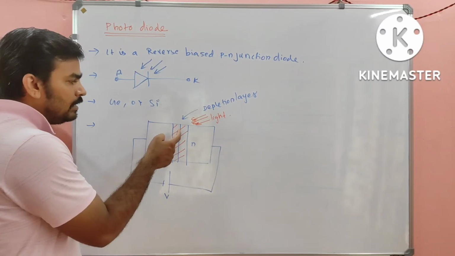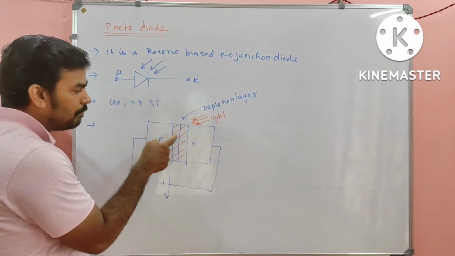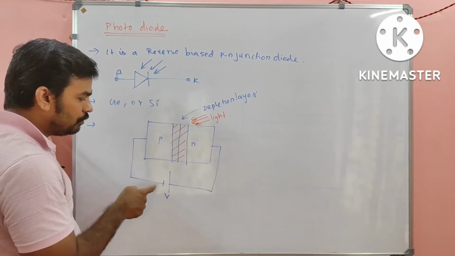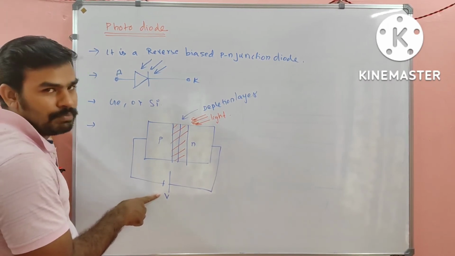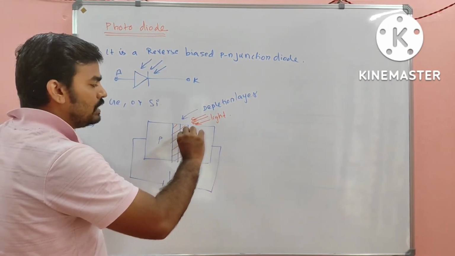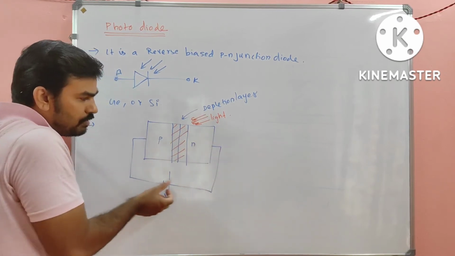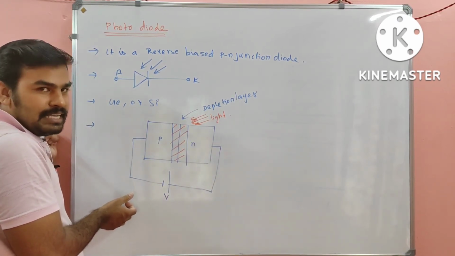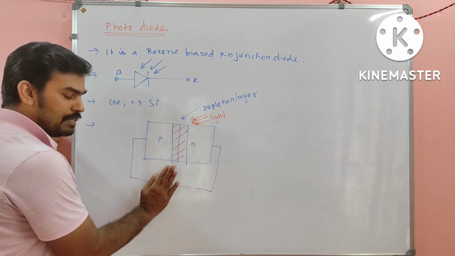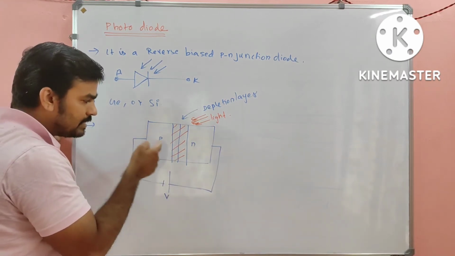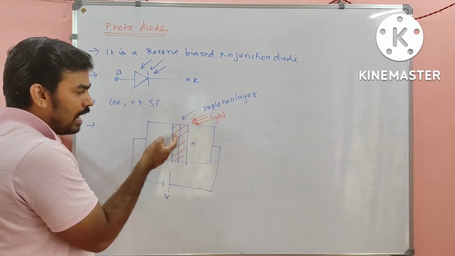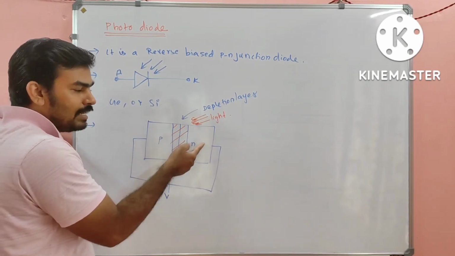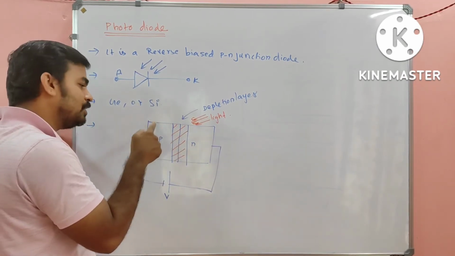The holes will move to the n region, which is at negative potential, and the electrons will move towards the positive direction. Is it clear? In the solar cell there is no biasing, so electrons will move directly to n and holes will move directly to p.